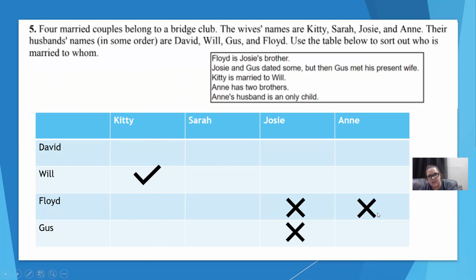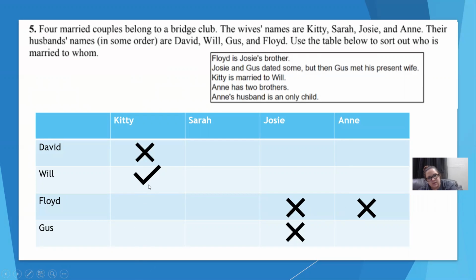So this X represents that Anne has 2 brothers. It's really not very good information, but Anne's husband is an only child, and we know that Floyd has a sister named Josie, so he is not an only child, so therefore Anne is not married to Floyd.